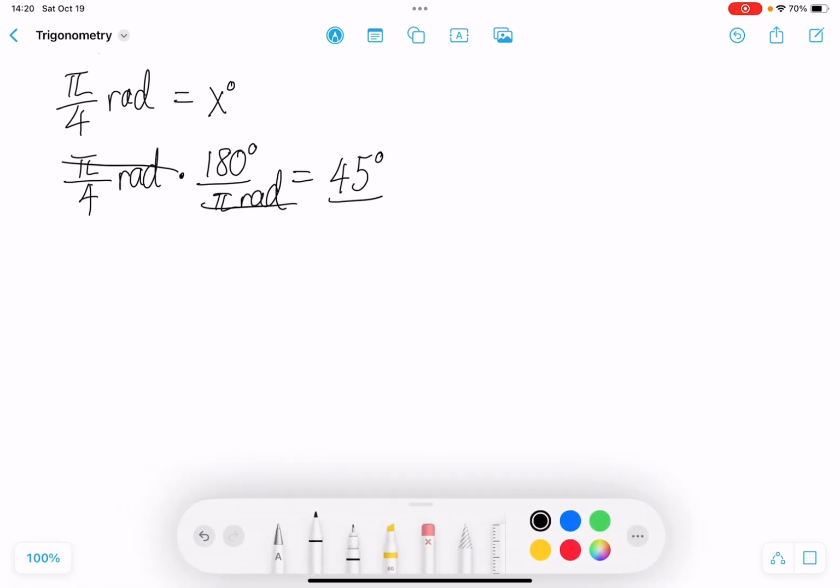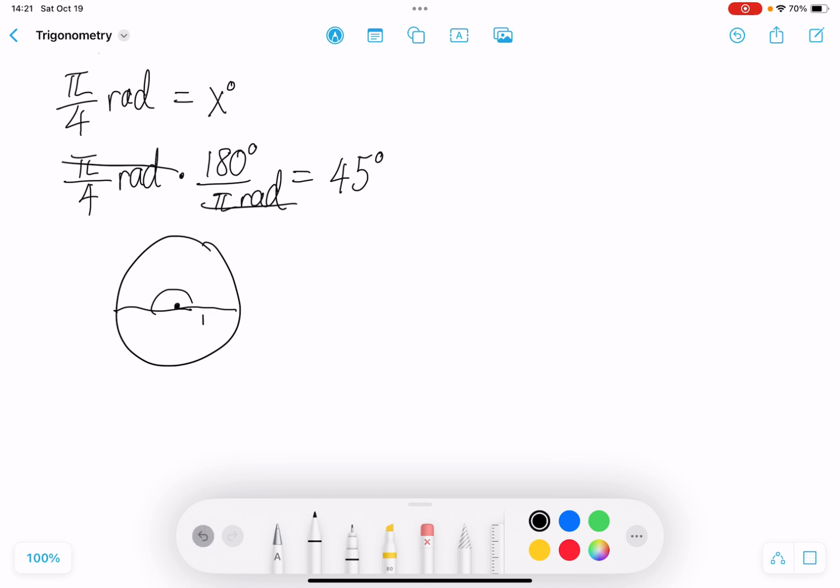But another way to think of this is, think of a radius 1 circle. The circle has radius 1, and how many degrees does it take for me to cover the length of pi over 4 of the circumference? The entire circumference is 2 pi. And pi is going to be half of the circumference.